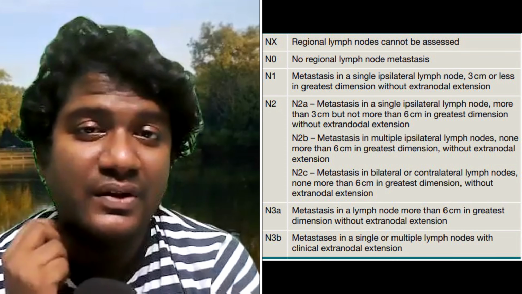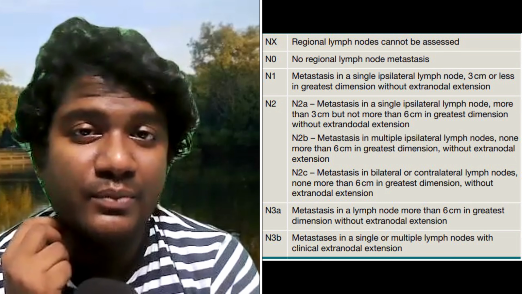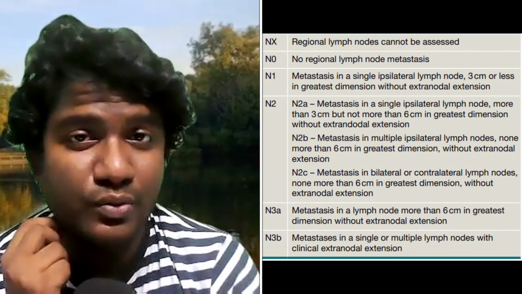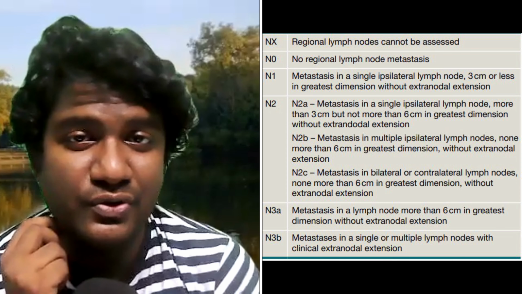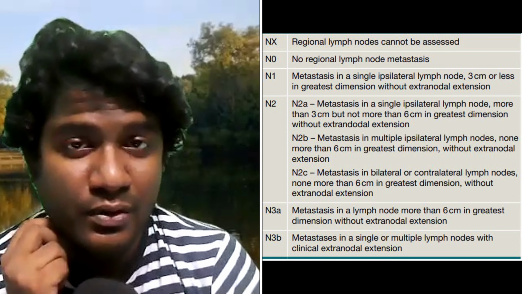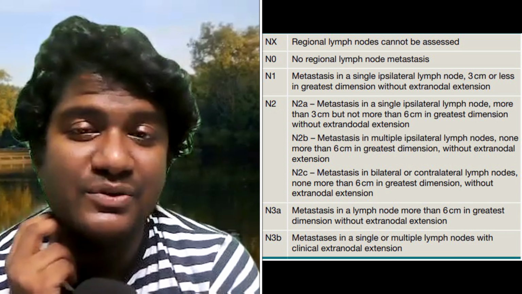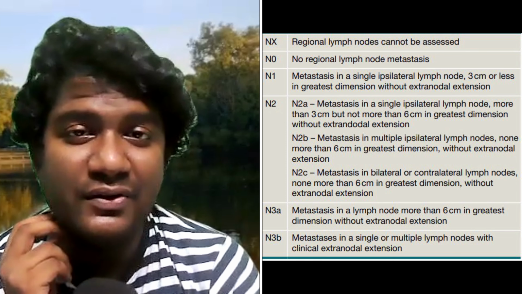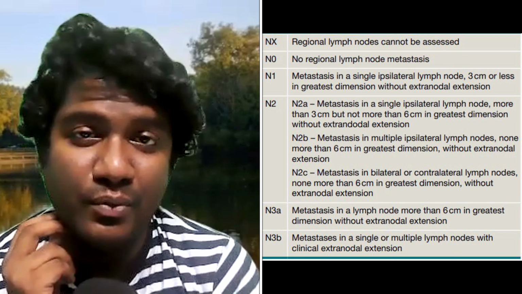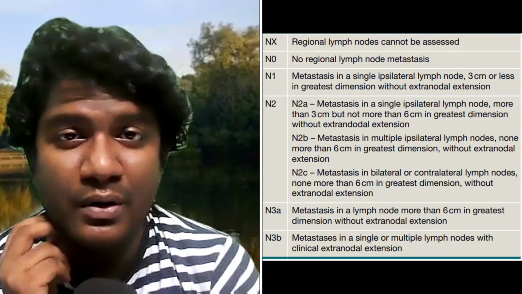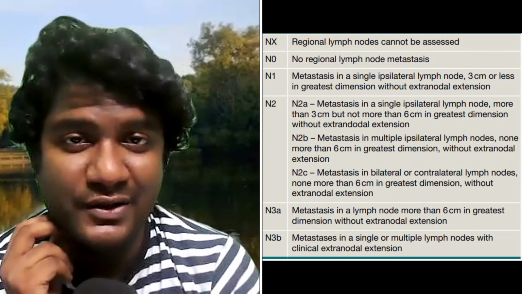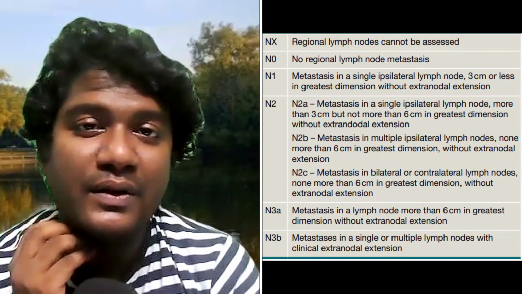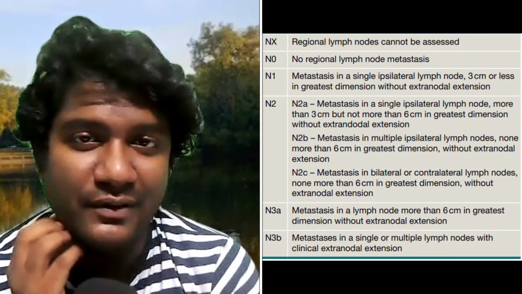The moment this single ipsilateral lymph node becomes more than 3 centimeter but remains not more than 6 centimeters, it becomes N2A. So N2A is single ipsilateral lymph node more than 3 centimeter but not more than 6 centimeter in its greatest dimension.